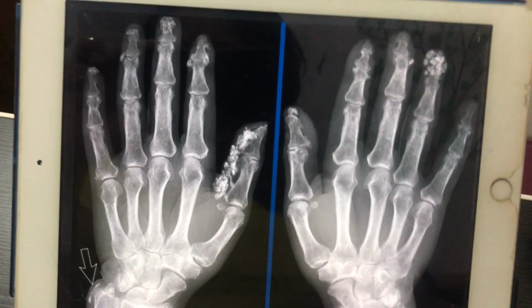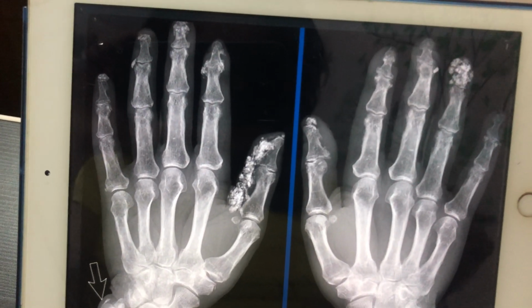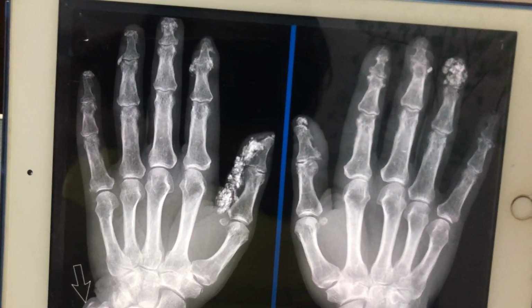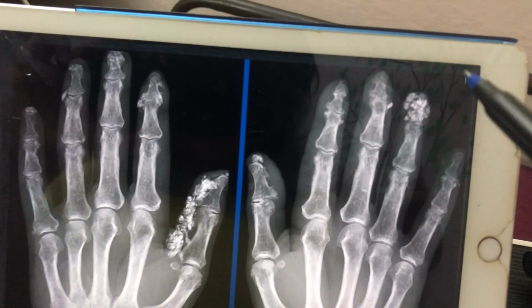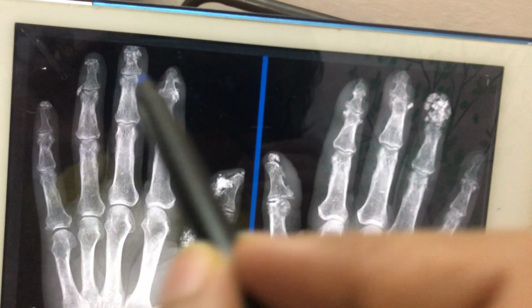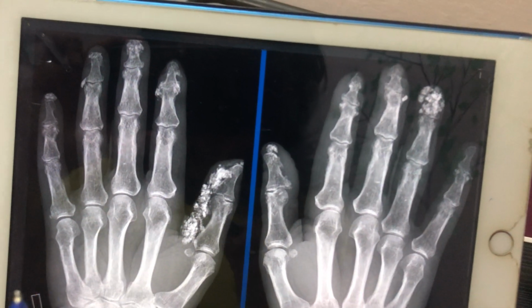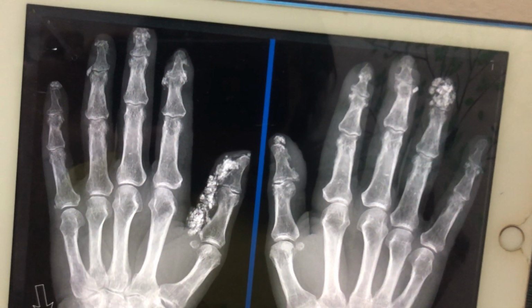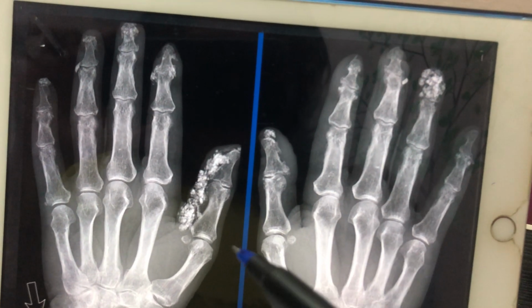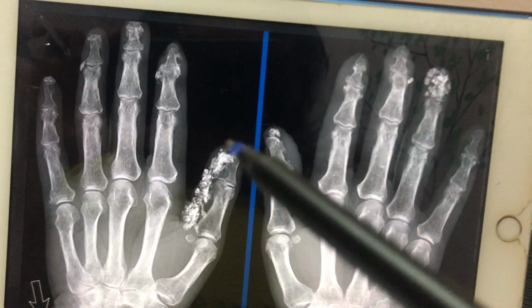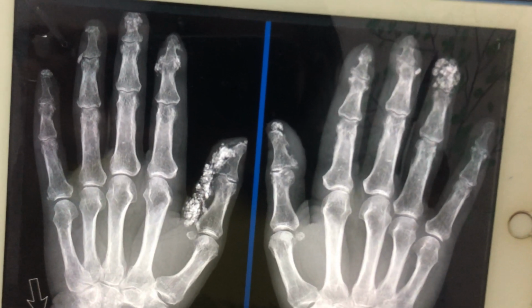The next disease that we're going to be discussing is scleroderma. So here we have multiple erosions, penicillin cup deformity. There is typical acro-osteolysis seen in scleroderma. Apart from that, there is symmetric joint space narrowing. Interphalangeal joints are commonly involved, and there is nodular and punctate soft tissue calcification that are seen.